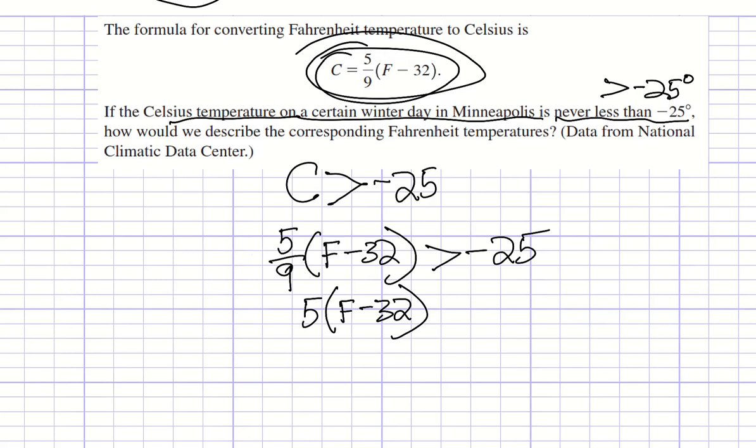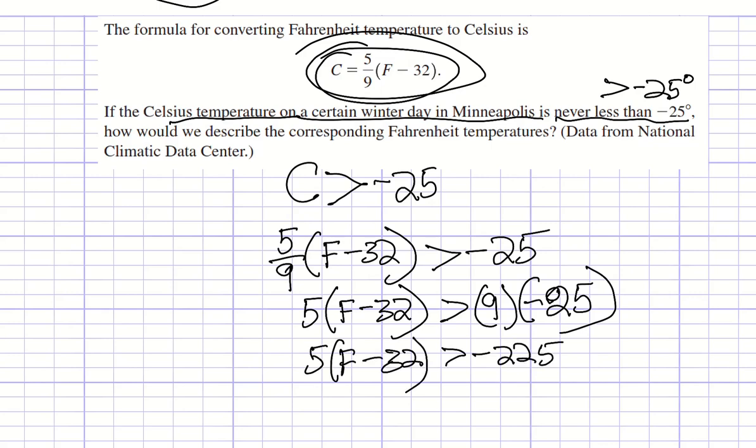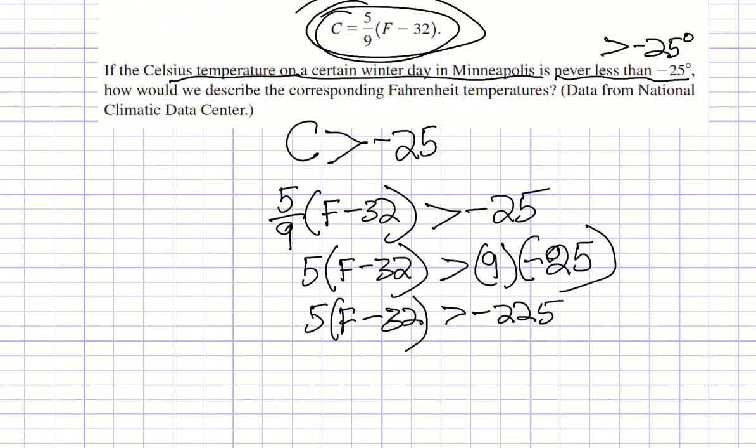Then you gotta multiply by 9 on the right hand side, 9 times 25. But I gotta also do the left. 5F minus what is that? 5 times 32. You multiply 5 with 32. What do you get? You get 160.